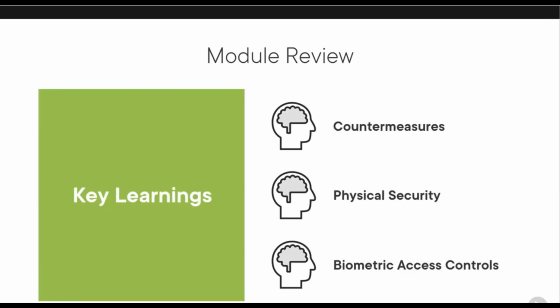We then looked at countermeasures such as security awareness training, benefits of two-factor authentication, and policies and procedures. We discussed physical security as well and learned that man traps, bollards, and surveillance can be used to minimize or prevent an attack.